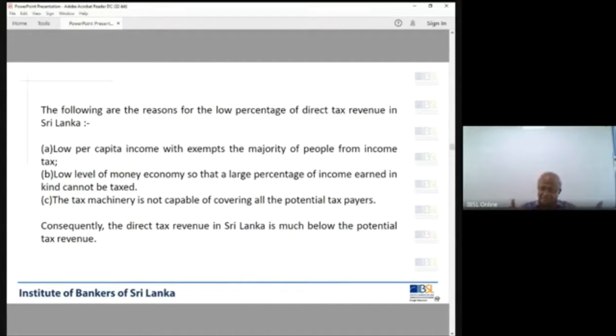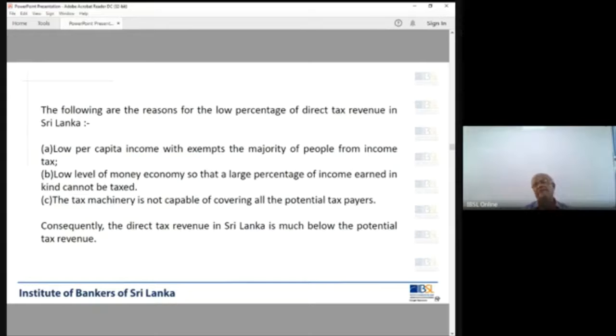They are not in the tax base. The tax base consists of all those who pay taxes. But the government employees are not in the tax base. In developed countries it is not the case. Everybody pays taxes.